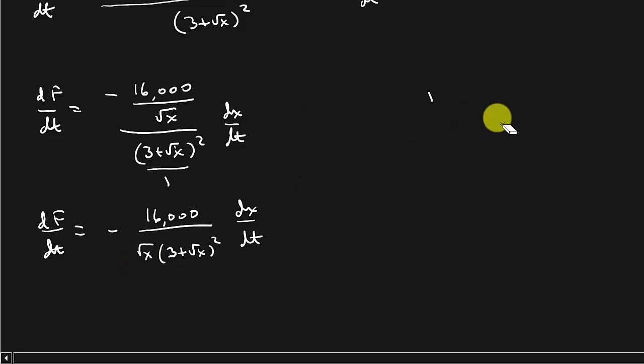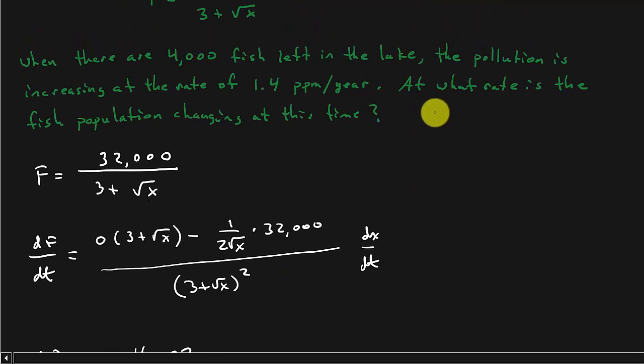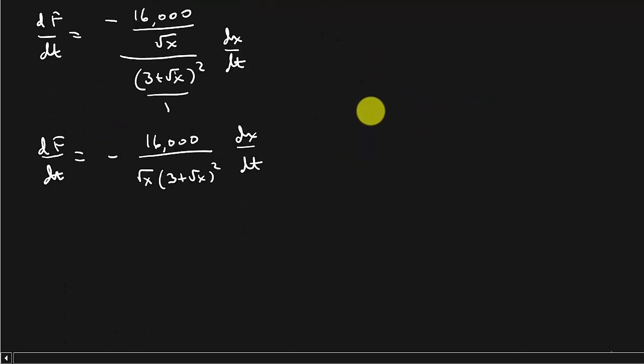Now, that's what we want to know: at what rate is the fish population changing at this time. So you can see we're looking for df/dt. So we need a value for dx/dt, and we need a value for x.